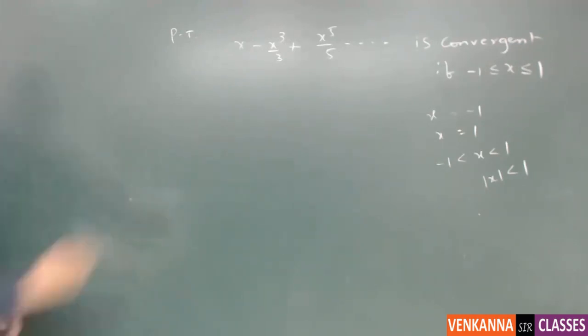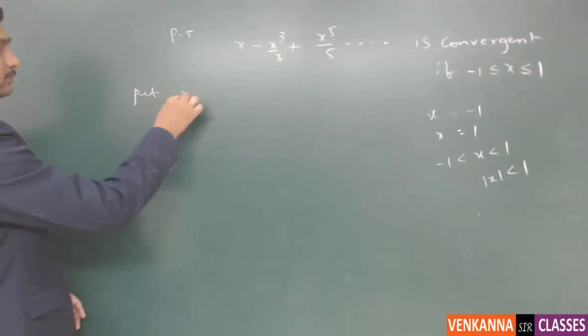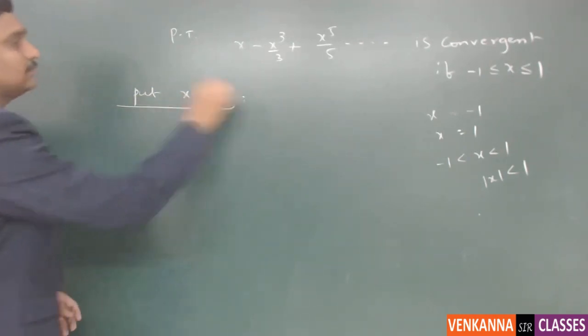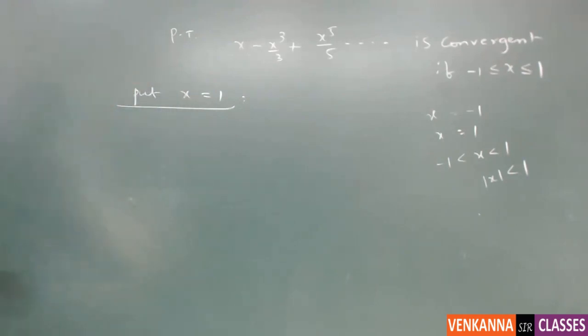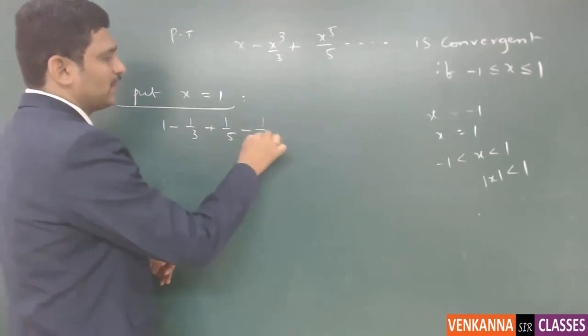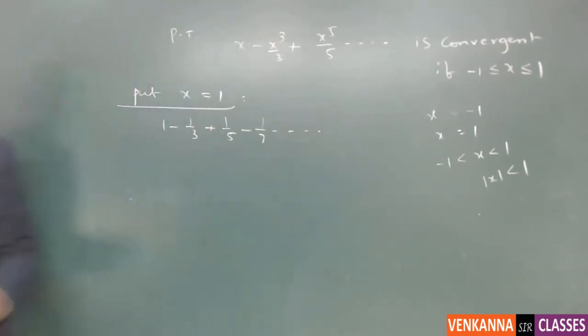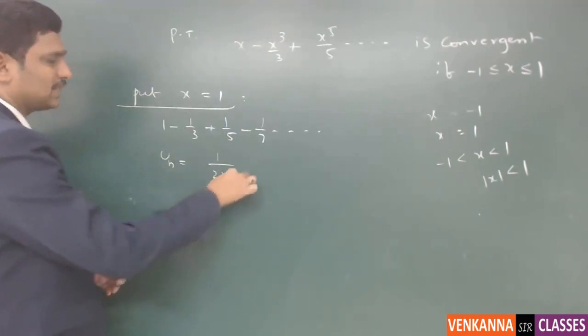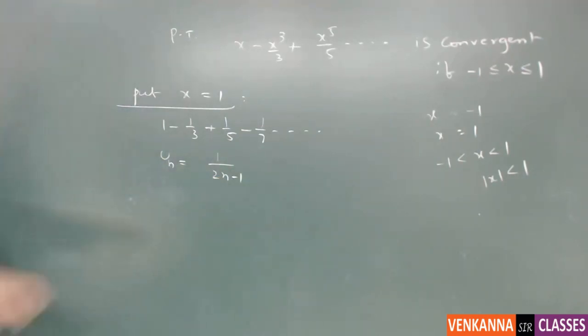So, if I put x equal to 1, the given series is nothing but 1 minus 1 by 3 plus 1 by 5 minus 1 by 7, and so on. Accepted all? So if you write the nth term, u(n) is equal to 1 by 2n minus 1. I am excluding the sign.